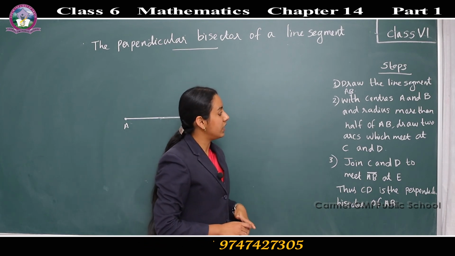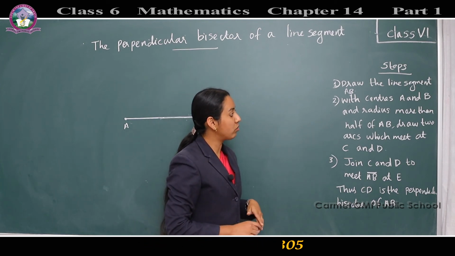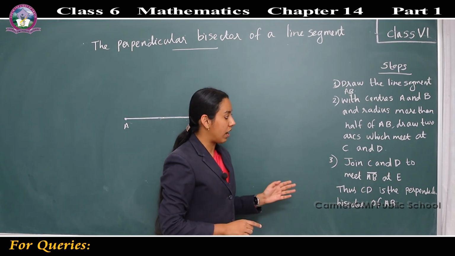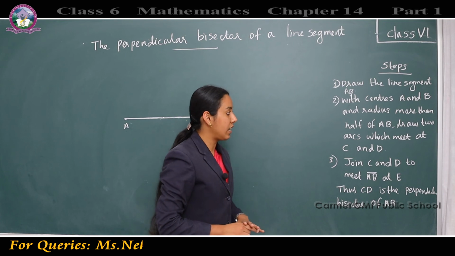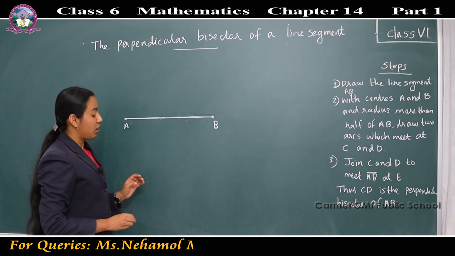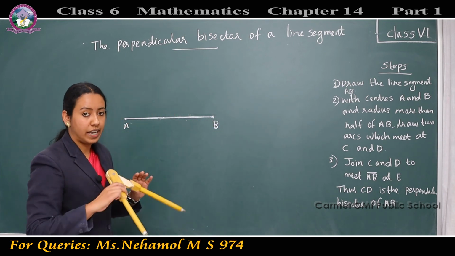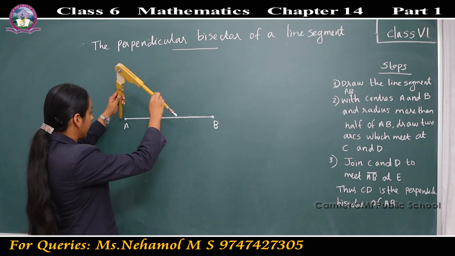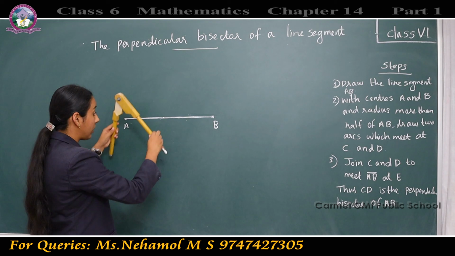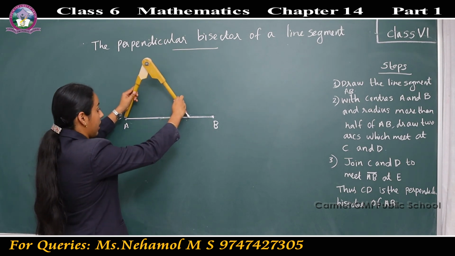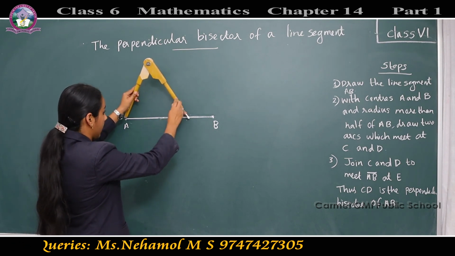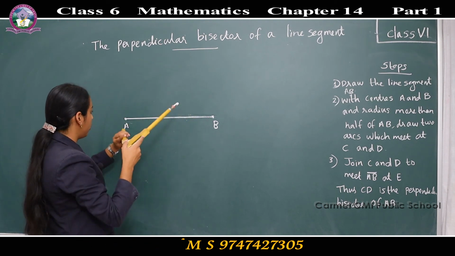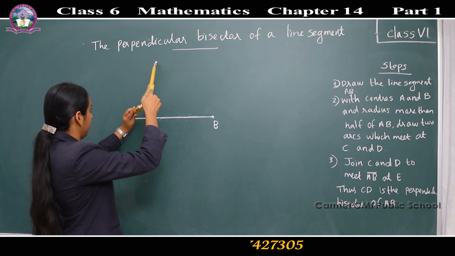Then with the centers A and B and radius more than half of AB, draw two arcs which meet at C and D. First we take the compass, open the arms and take a radius more than half of AB and draw two arcs.